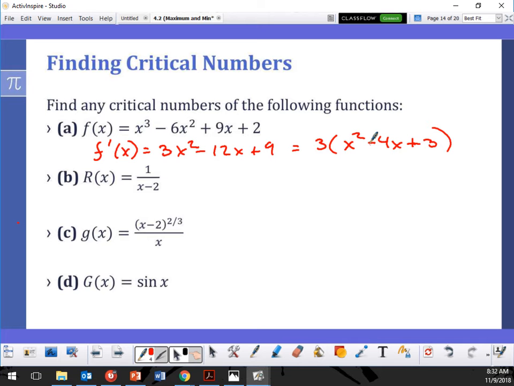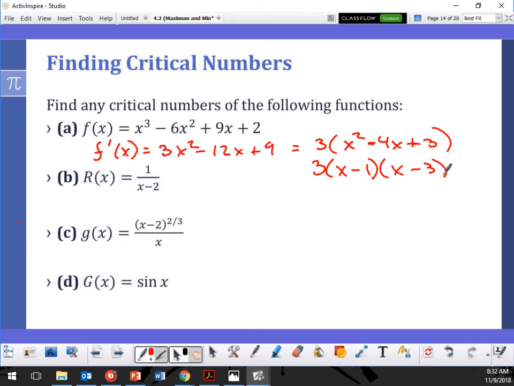Since the middle term is negative, we have two negatives. What two numbers multiply to be positive 3 and add together to be negative 4? -1, -3. Very good. So it's going to be 3 quantity x minus 1, x minus 3.